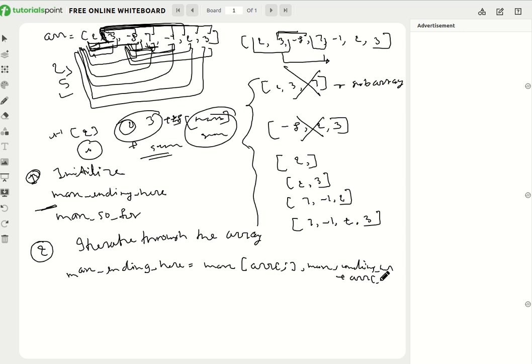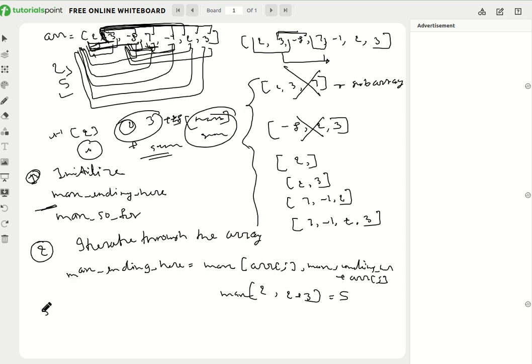That means what will be the 2, and 2 plus 3, right? Then 2 and 5. So max of this, I'll consider 5. Okay, like this I will iterate through the array.